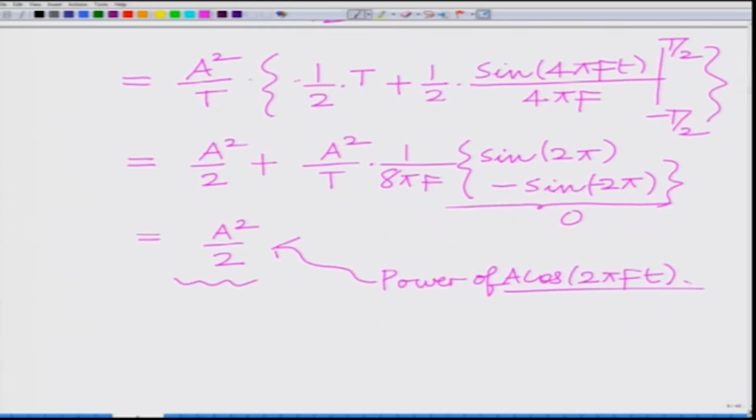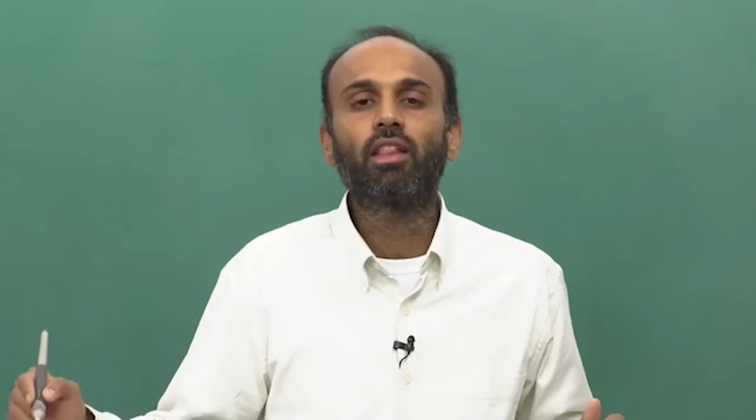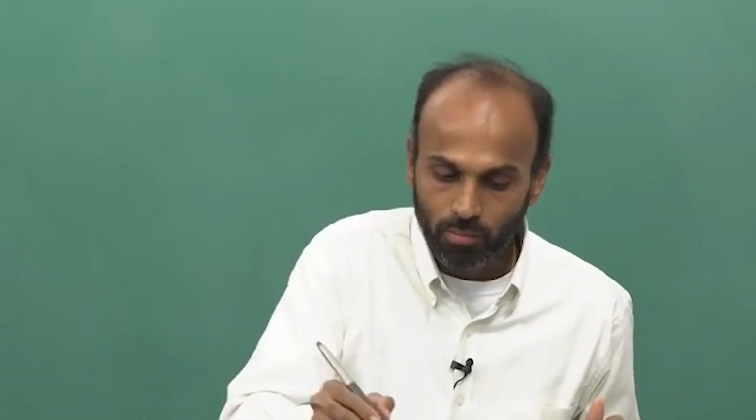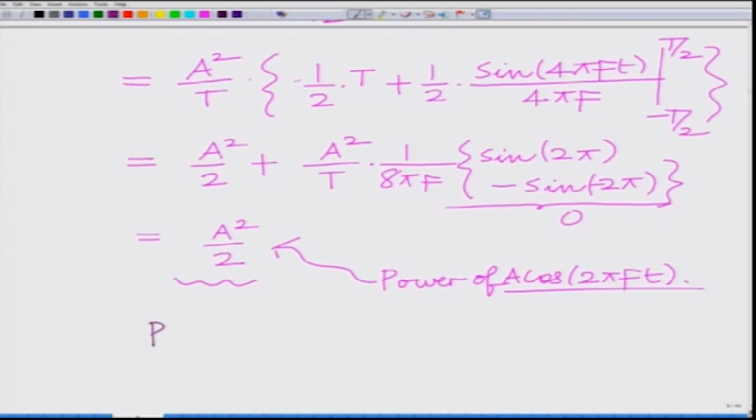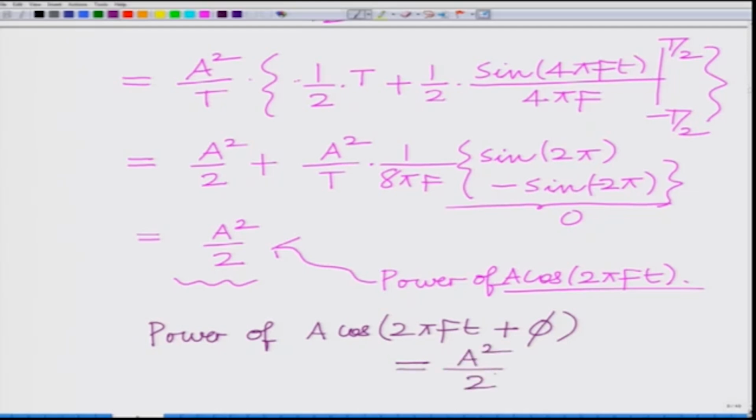In general, you can show that the power of any sinusoidal signal with amplitude A and phase phi is equal to A squared divided by 2. It does not depend on the phase; the power is simply A squared divided by 2, where A is the amplitude of the sinusoidal signal.